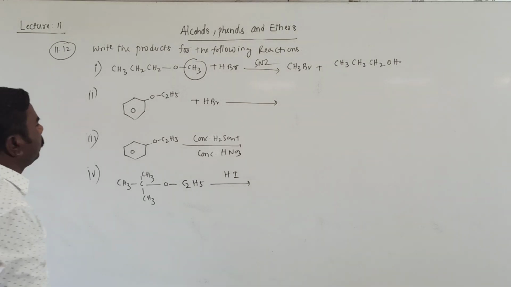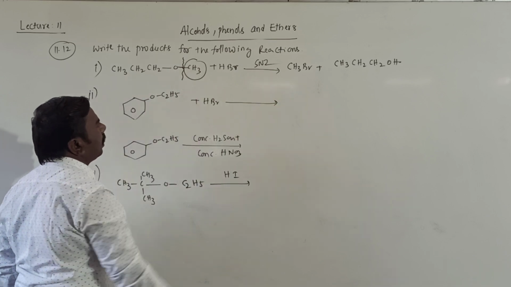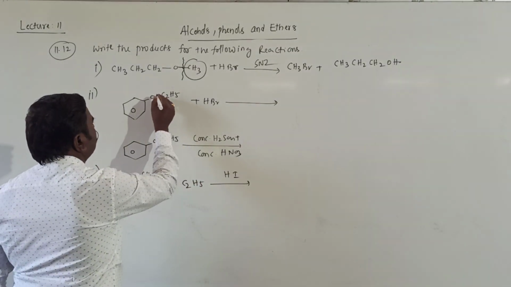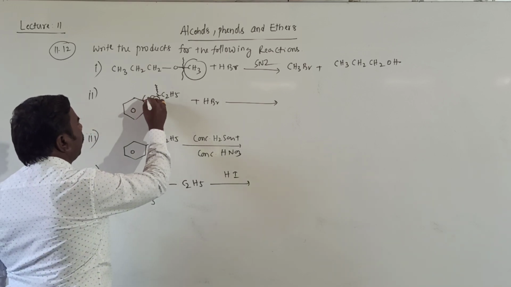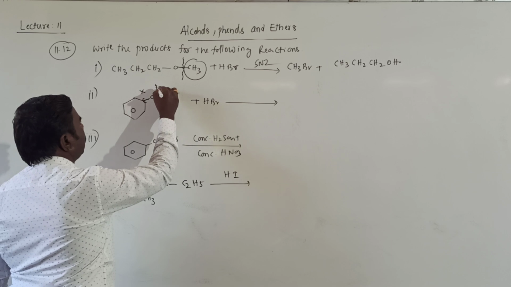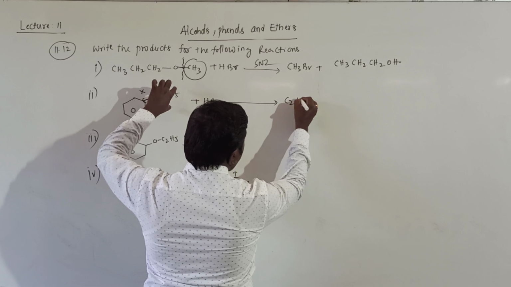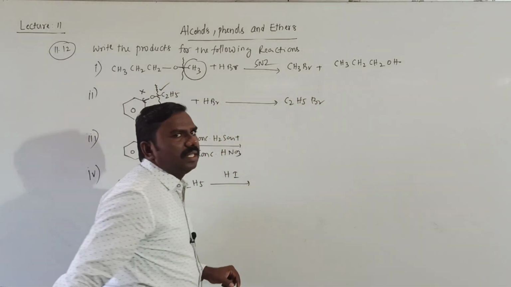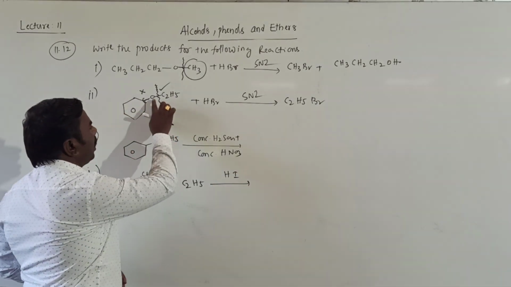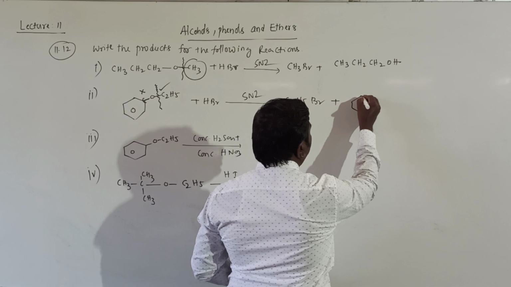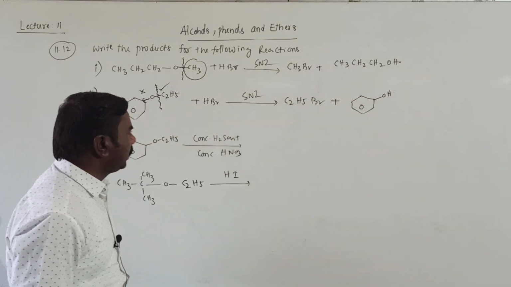Next, there is a cleavage of the C-O bond. Here also the cleavage of the C-O bond takes place. This C-O bond cleavage will not take place, only this one does. Then the smaller alkyl group C2H5 and Br- are attached by the SN2 mechanism. Then H is added to oxygen and forms phenol, right students?